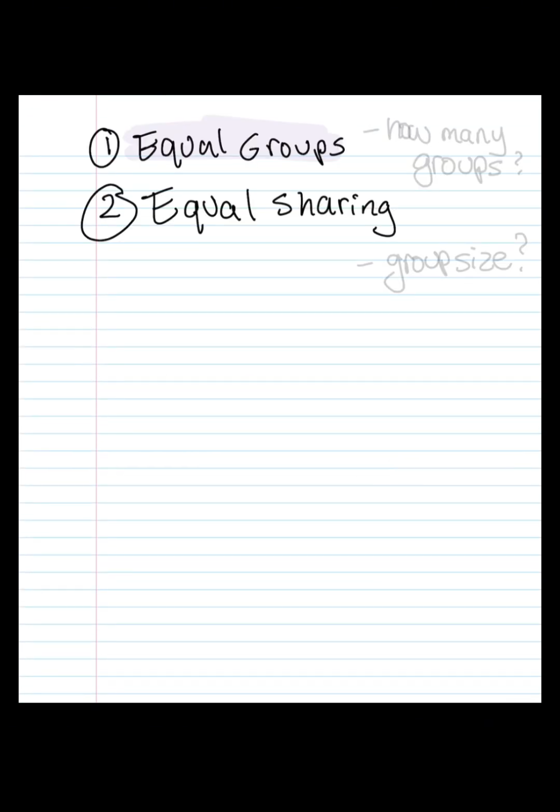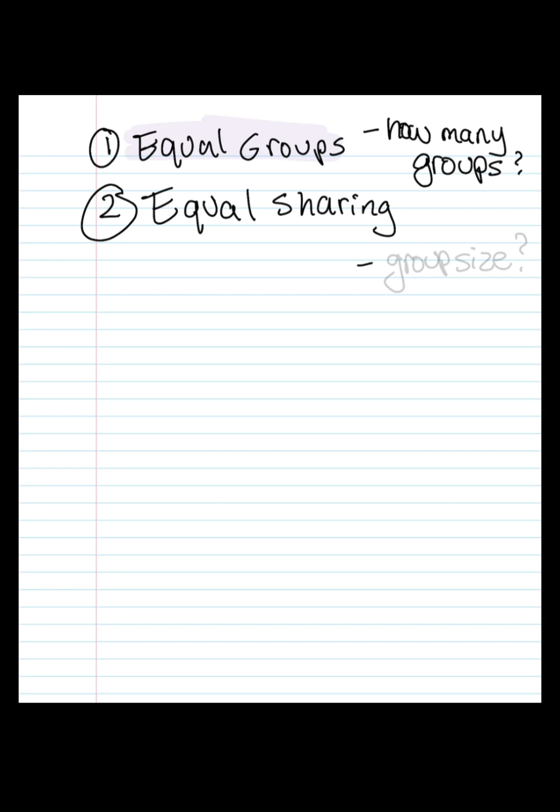So we're going to be looking at 2 different kinds of division problems, the first being equal groups and the second being equal sharing. In the equal groups problems, you know the total size of each group, so you're looking for how many groups.